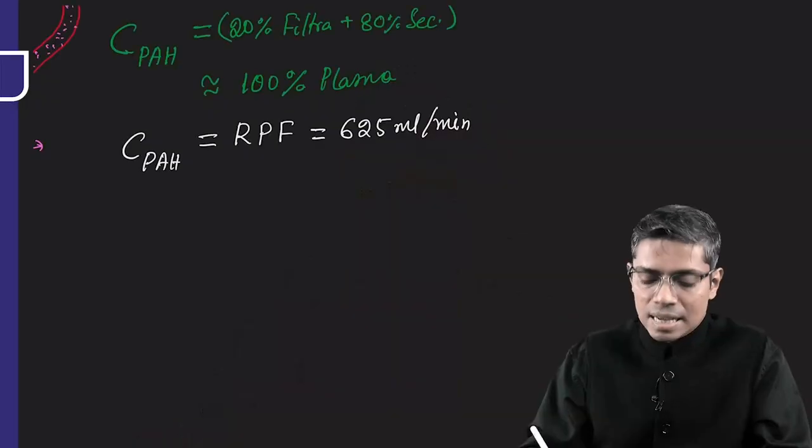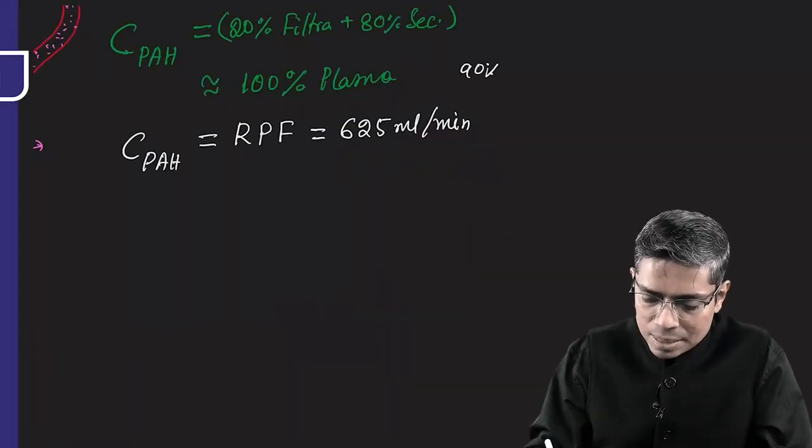100% of plasma. But again and again I am saying 100%, but is it 100%? Although I am saying 100%, it is approximately 100%. Because 100% of the plasma will not get cleared even for PAH. Although for understanding purposes we take it as 100%, it is near equal to 100%. Actually this is 90%.